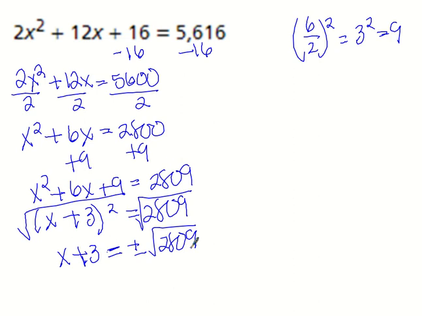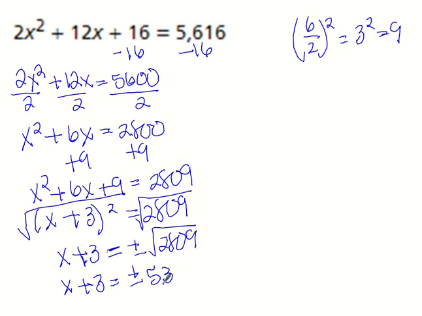Now, I haven't checked what the square root of 2,809 is. It might be a good idea to see if it's something that perfectly square roots out. So let's see. Oh, if I square root 2,809, I actually get a perfect number. It's 53. So I'm going to go x plus 3 equals plus or minus 53.